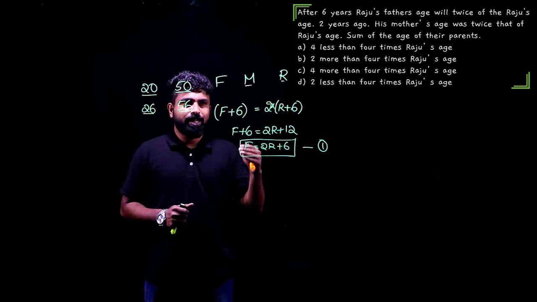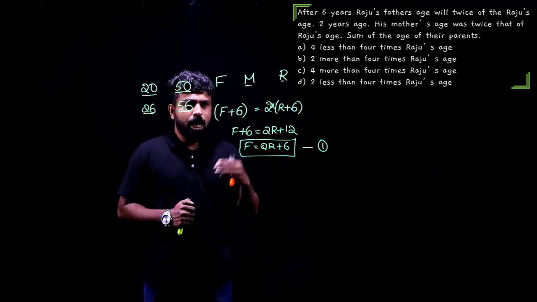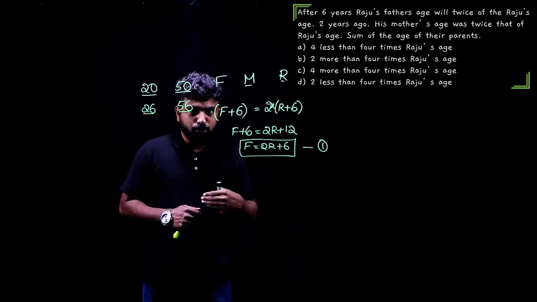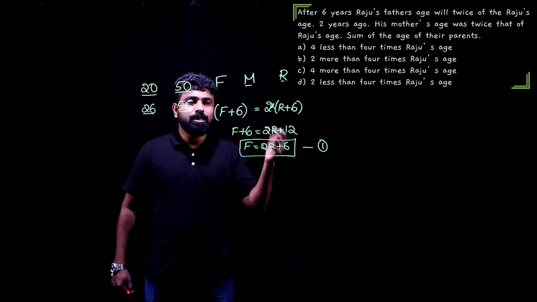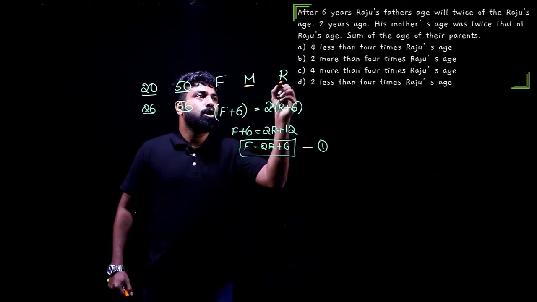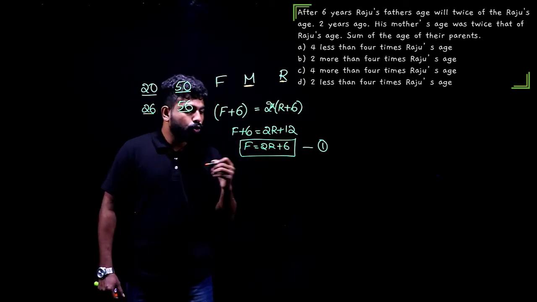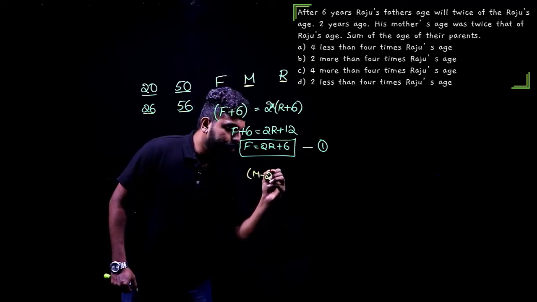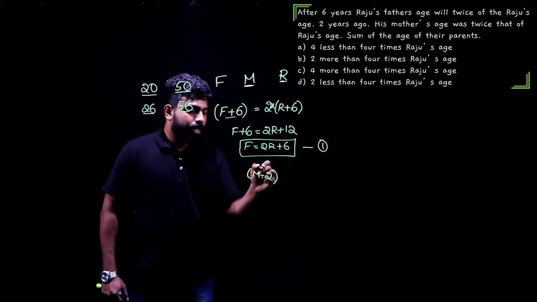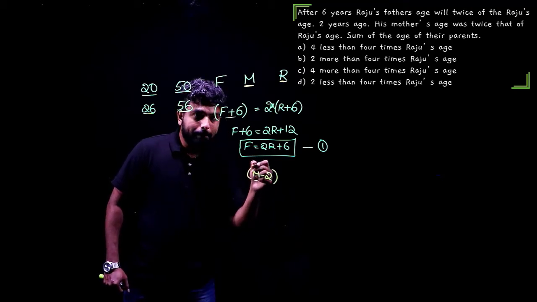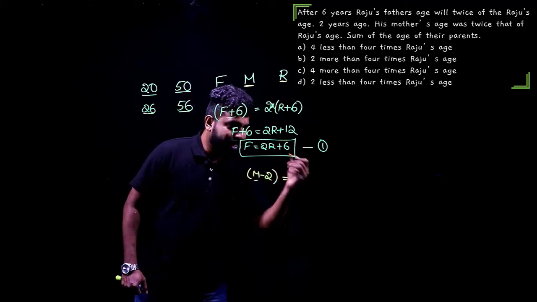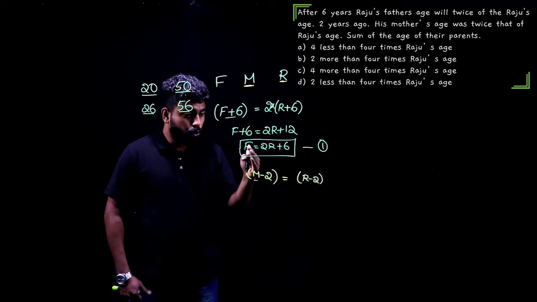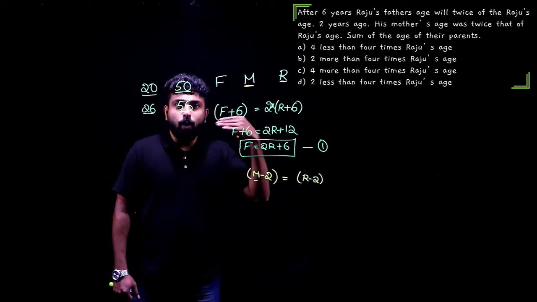Now let us see what they have given in the next part of the question. 2 years ago, his mother's age was twice that of Raju's age. So 2 years ago, what will be his mother's age? Mother's age will be M minus 2. Raju's age at that time will be R minus 2. So 2 years ago, his mother's age was twice that of his age.